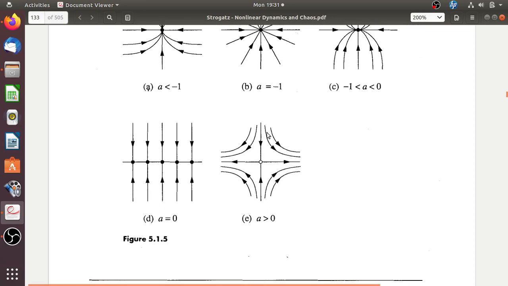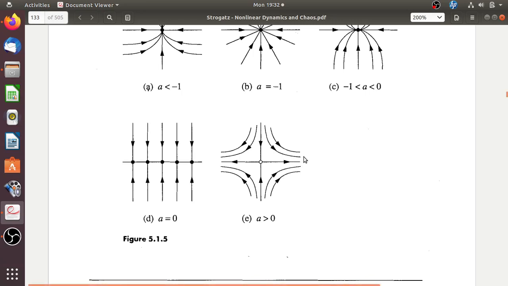Say this is my x naught and this is my y naught. The y value is decreasing from y naught to 0, but at the same time the x value is increasing from x naught, moving towards infinity.